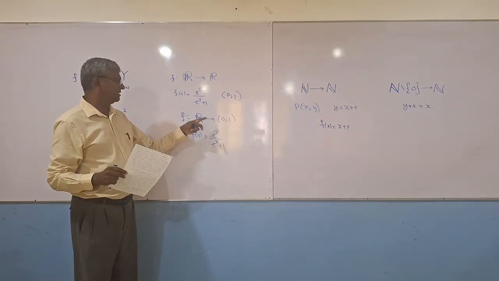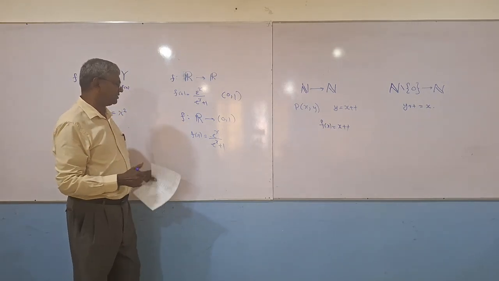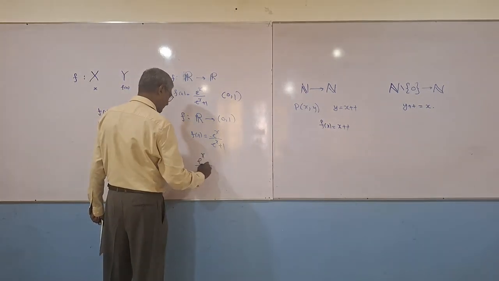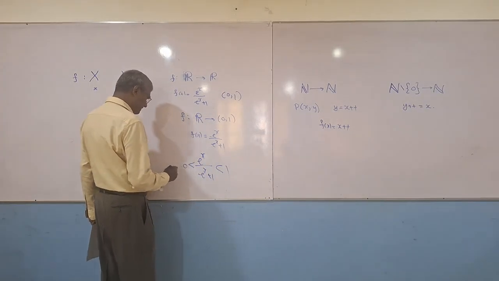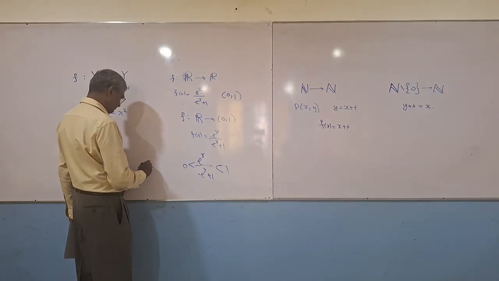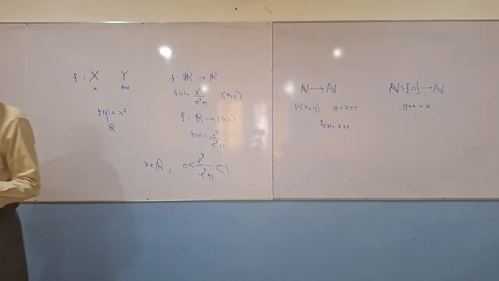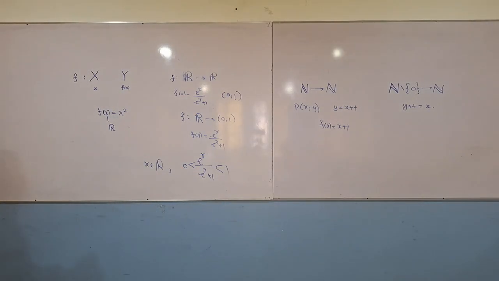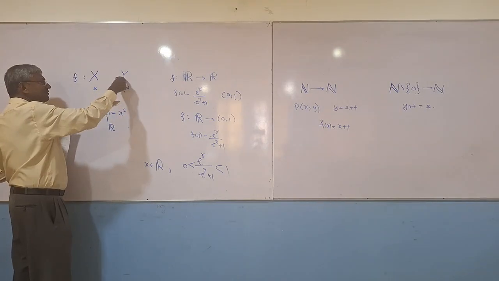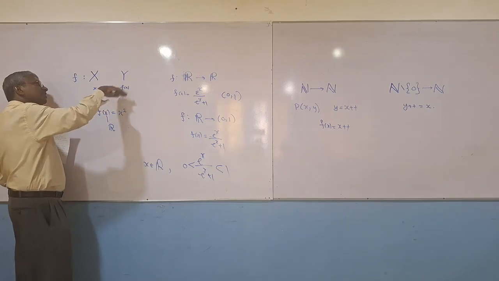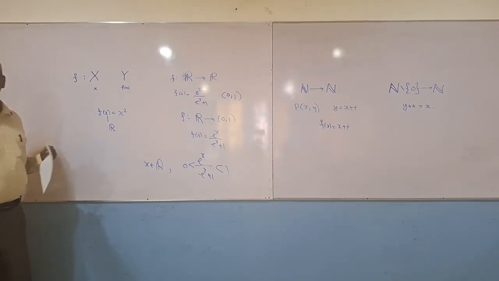If you take any x, e to the x over e to the x plus 1 is strictly less than 1 and strictly greater than 0, for x belongs to R. I think it is correct. I haven't done analysis for a long time, but I think it's true. So what I am saying is, capital X is very important. Capital Y, we may not be going to the whole capital Y. It could be that we are going to a small set.